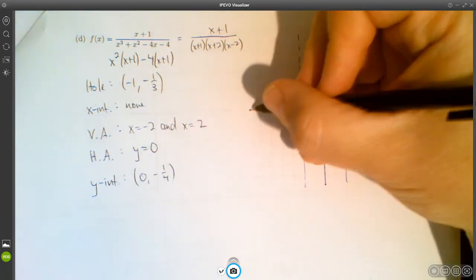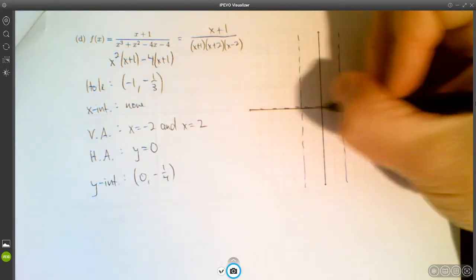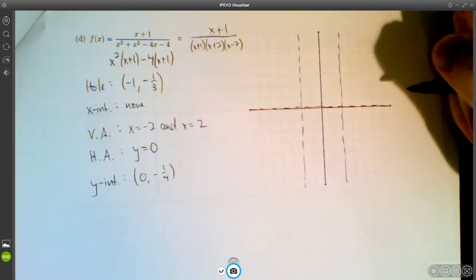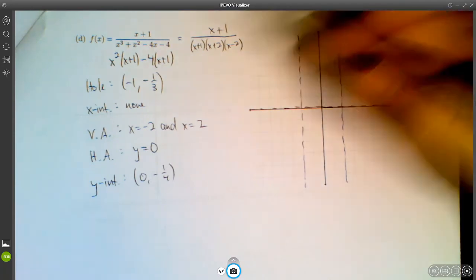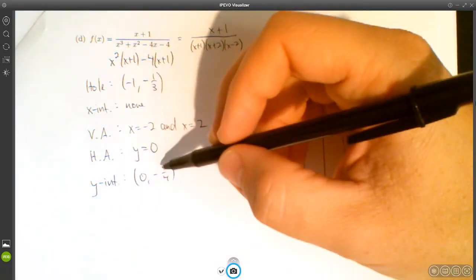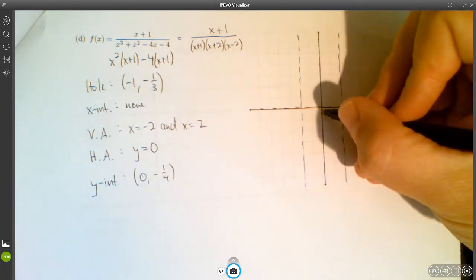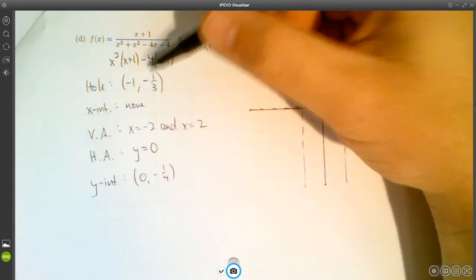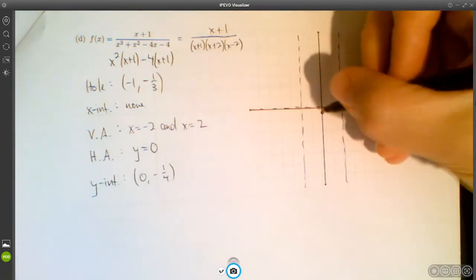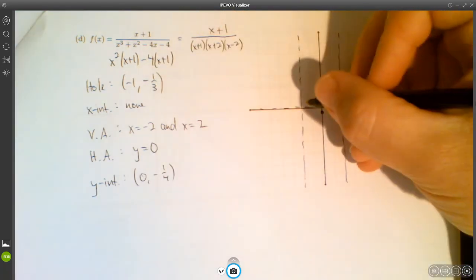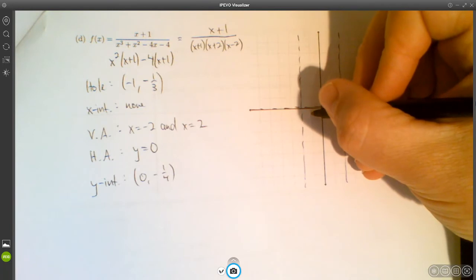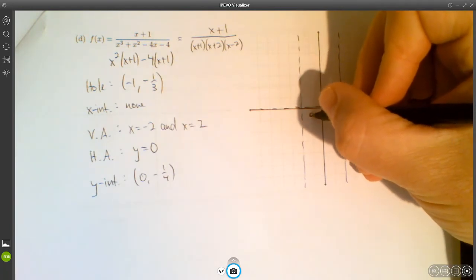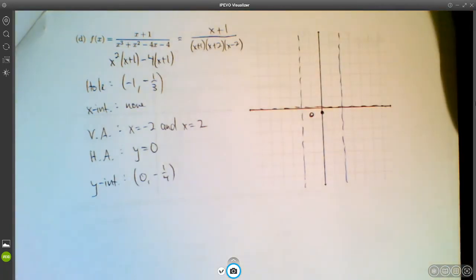A horizontal asymptote here. No x-intercepts. A y-intercept at 0, negative 1/4. And a hole at negative 1, negative 1/3, so maybe there. A hole right there. Okay, very interesting.